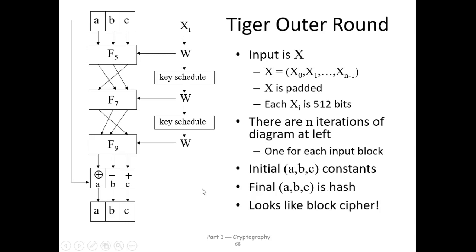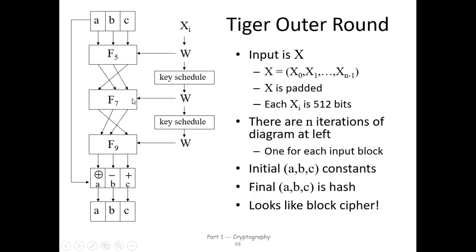Whatever output in terms of ABC you get is nothing but your hash. It looks like a block cipher, with blocks replaced here. Very simple. Xi is your data, padded up to 512 bits. In the first round of that function, W is given as input to F5, as well as ABC, and it produces again three components ABC as output.